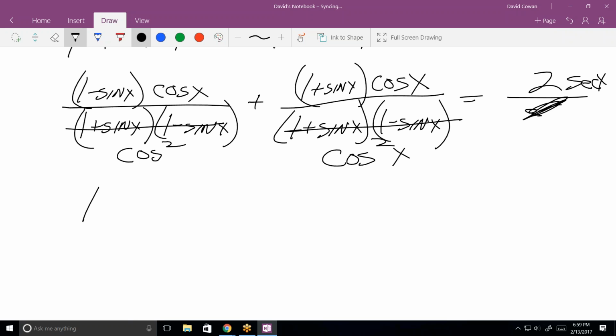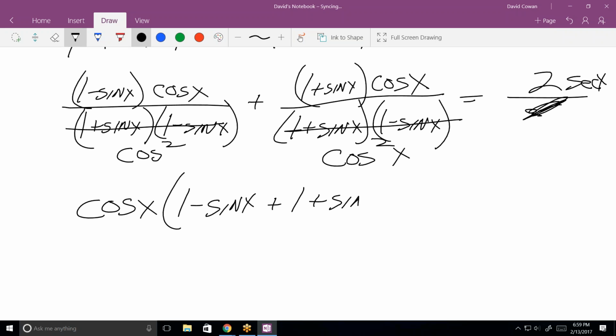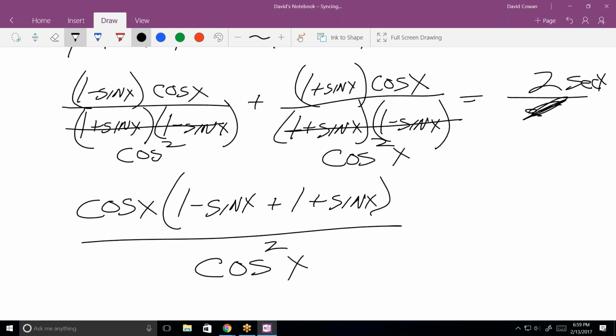Let's factor out a cosine x from the numerator, just because I can. Cosine x, what's left over is 1 minus sine x plus 1 plus sine x. Right? That's my new numerator. Still over cosine squared x.